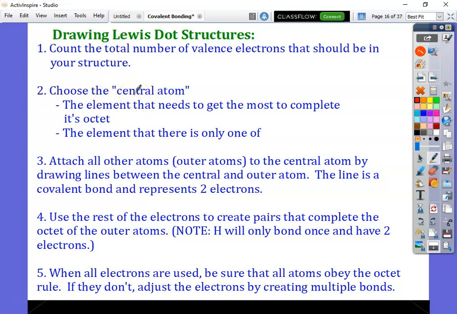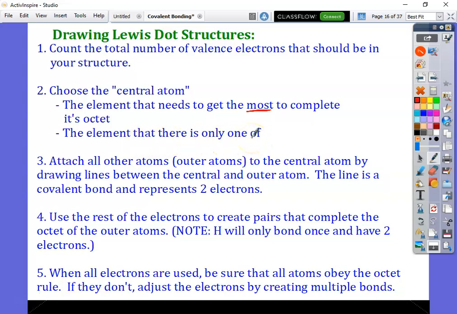The central atom in your structure is going to be the element that needs to get the most electrons to complete its octet. In other words, it needs to find electrons and lots of them in order to have an octet. And then we can also choose the central atom sometimes, actually lots of times, by looking at the element that there is only one of.